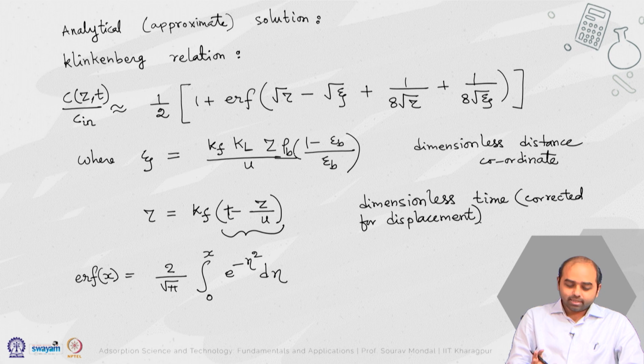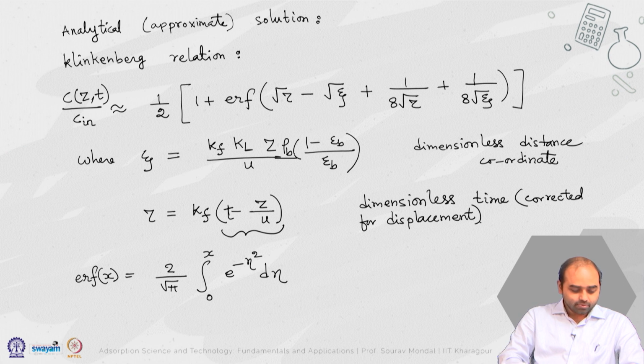So these Klinkenberg equations actually help in getting an idea of the mass transfer zone or the sigmoidal shape of the wavefront in the non-ideal case, by solving the species transport equation analytically.